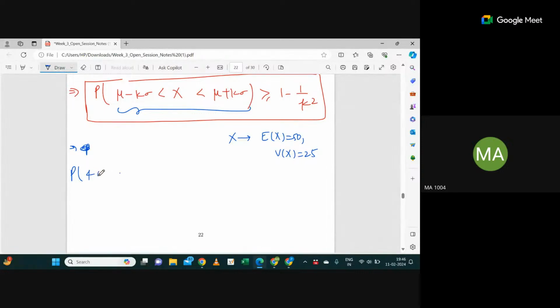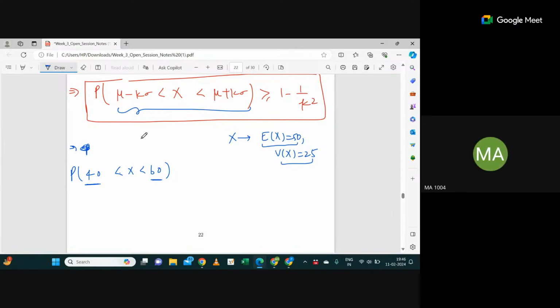Everyone is getting it? The week's production in that factory has mean 50 and variance 25, and we want the probability that it will be between 40 and 60.